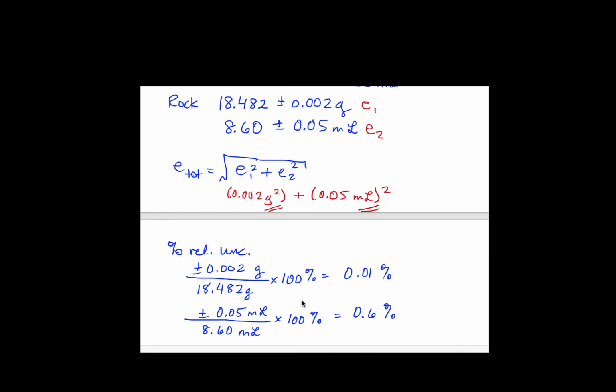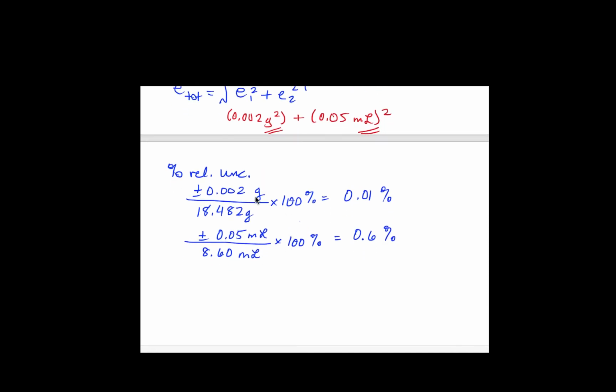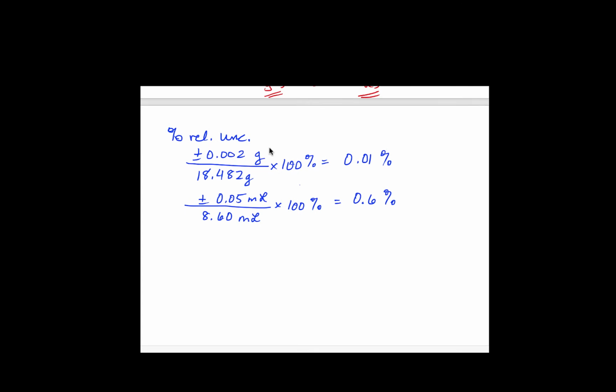Notice that as soon as I do the relative uncertainties, I'm dividing out my units. And now this allows me to combine my percent relative uncertainties with no problem.